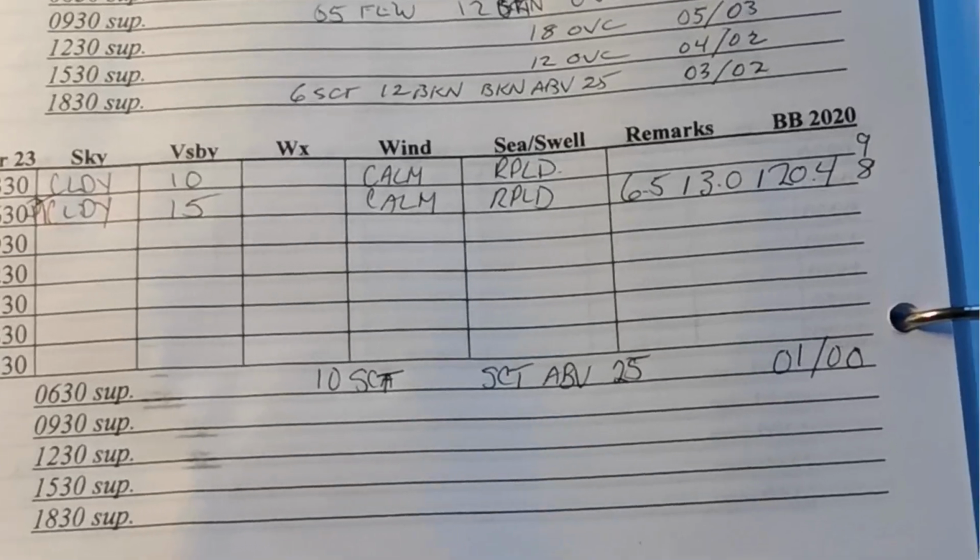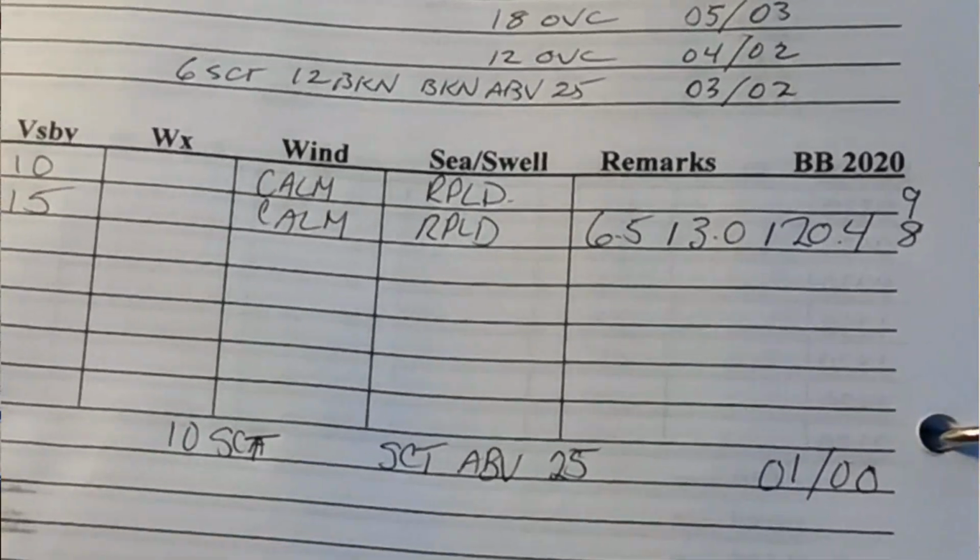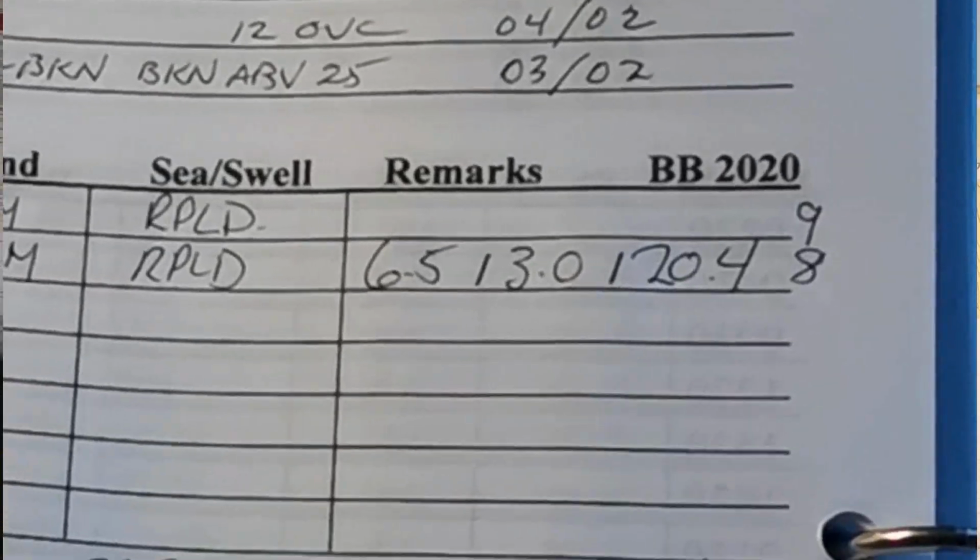Now, there is a space after your sea states where you can do remarks. And remarks could be anything that you notice that is a little bit different weather-wise. So, for example, let's say that everything is clear, my visibility is great, but directly to the north, we have a small fog bank that is just hugging the coastline.